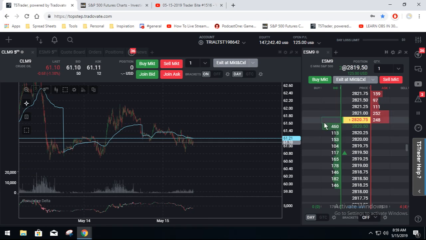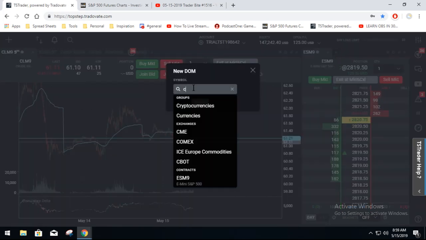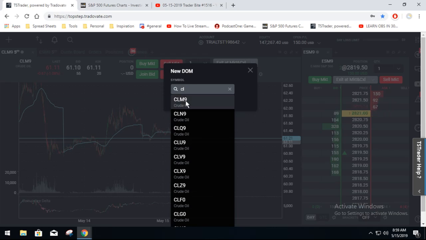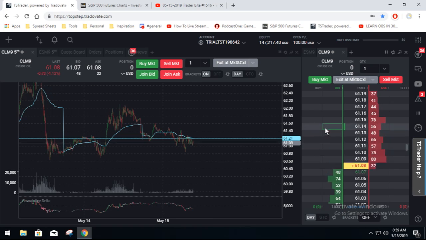You can see volume building a little bit on the ES side. We have rollovers coming this week, so be very careful.